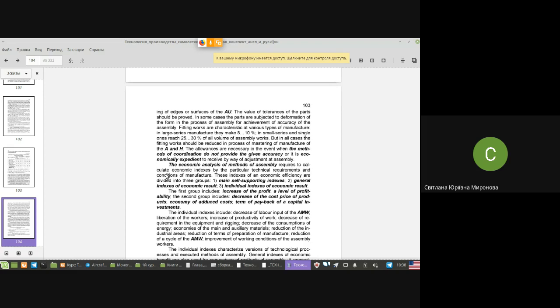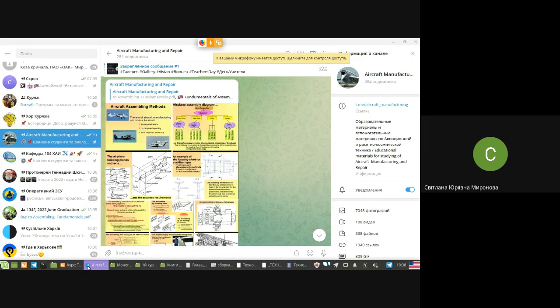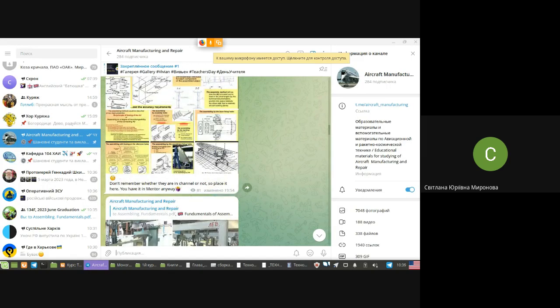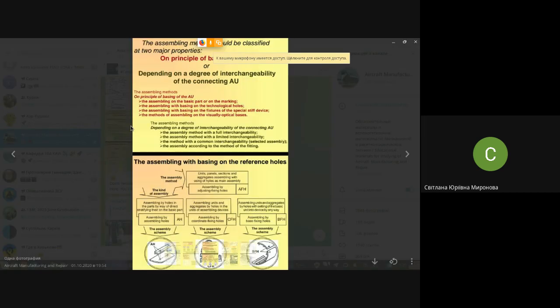Now let's talk. Let's find, as I said, our Telegram explanation. And let's talk not about classification, but about the characteristic of assembly methods depending on their degree of interchangeability. Not the value of accuracy they provide, because when we're talking about locating with different bases, we also characterize their accuracy exactly: what is the value of error with which these methods are characterized.